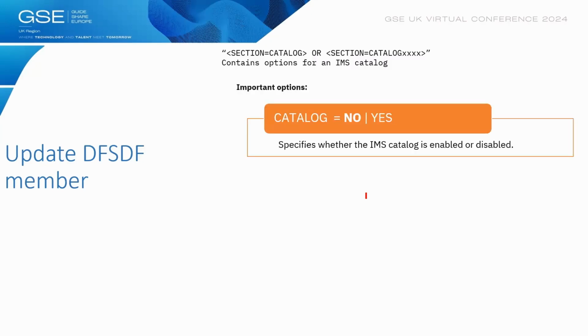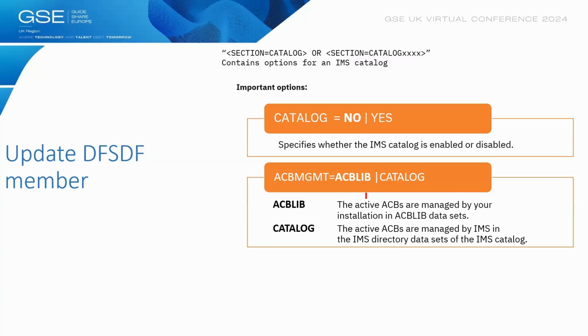Let's talk about the first one, that is CATALOG. CATALOG equals yes or no specifies whether the IMS catalog is enabled or disabled. ACBMGMT equals ACBLIB or CATALOG. When it is set to ACBLIB, the active ACBs are managed by your installation in the ACBLIB dataset.